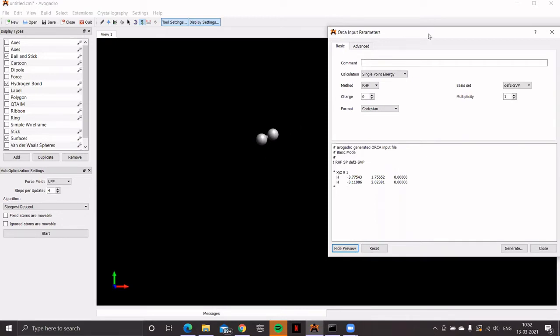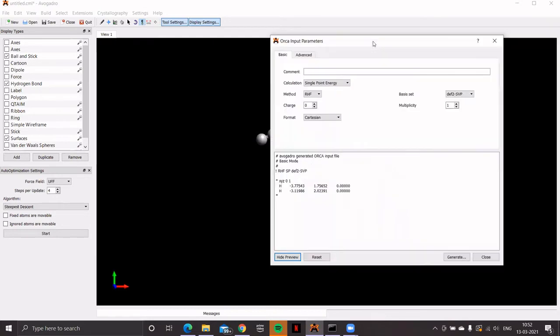So I'll optimize this H2 positive ion. Let the comment be geometry optimization of H2 ion.